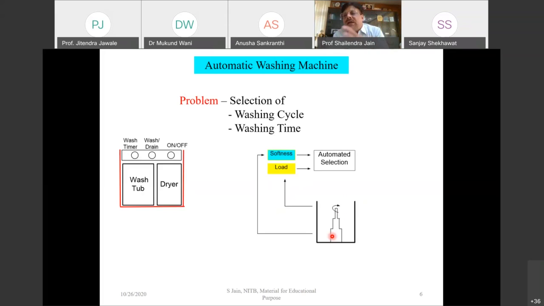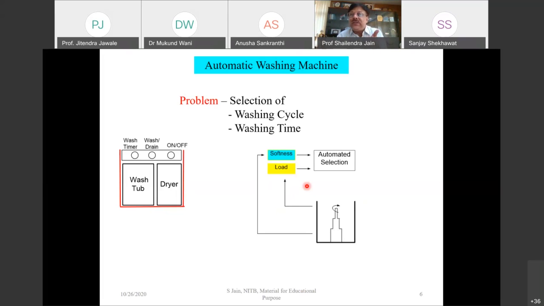Whereas for cloths like towel, bed sheet, curtains, we use a low cost detergent, which has high quantity of caustic to remove the dirt. So we have to take a decision what kind of cloth I am washing. If it is my shirt of brand Ellen Solly, then we wash it very gently, isn't it?